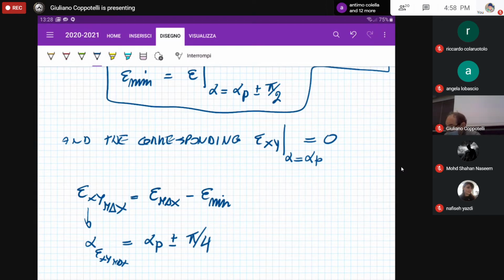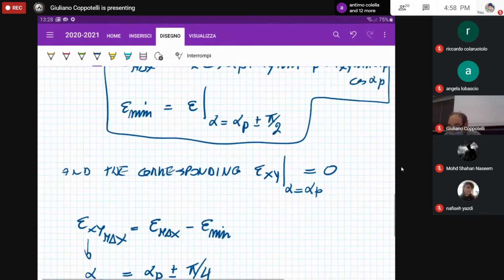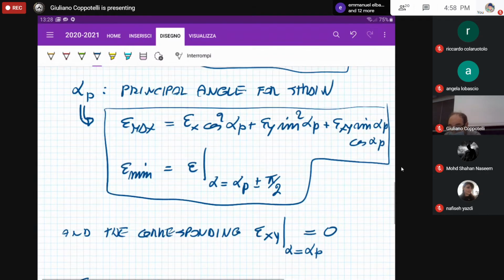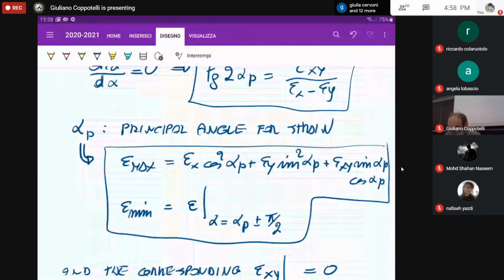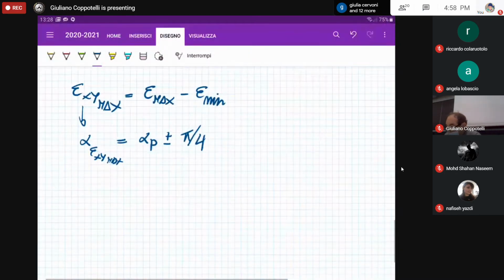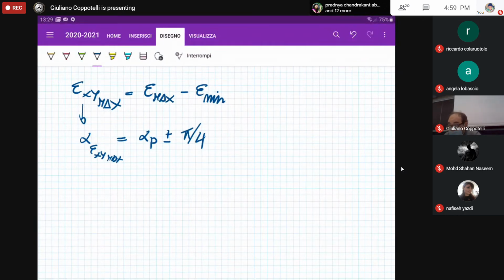By the way, we can also have the same result as we got here in terms of maximum and minimum strain just by referring to the strain tensor. So what does it mean?